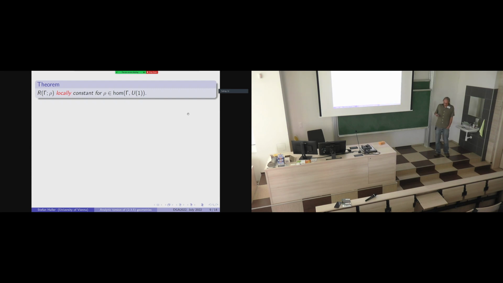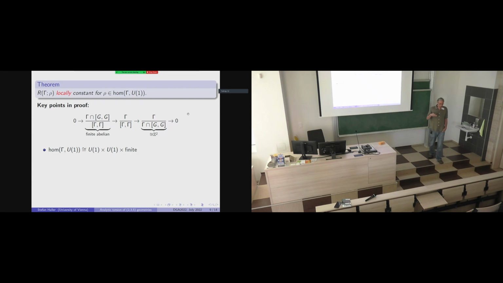Okay. Let me sketch the key ideas in the proof here. We notice first that a one-dimensional representation of the lattice gamma, of course, factors through the abelianization. The abelianization is an extension of Z^2 by a finite abelian group. In this case, you just look a little bit at the lattices in this Lie group.